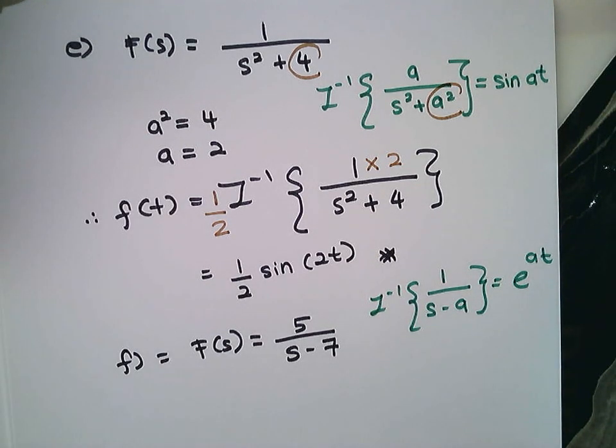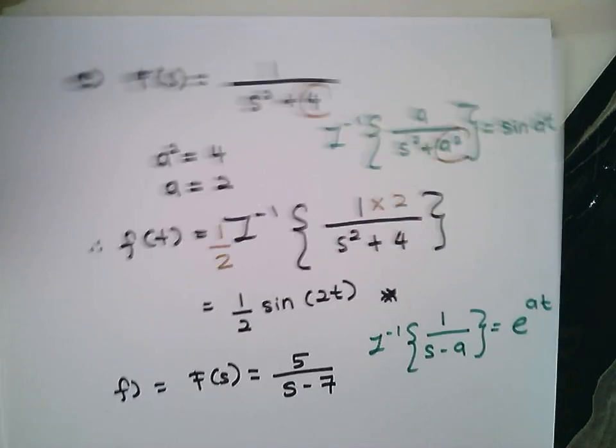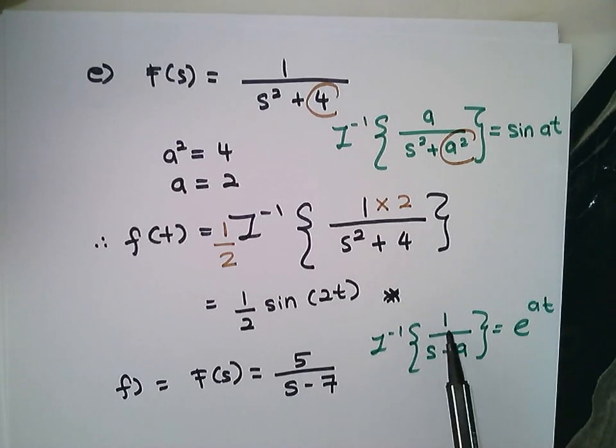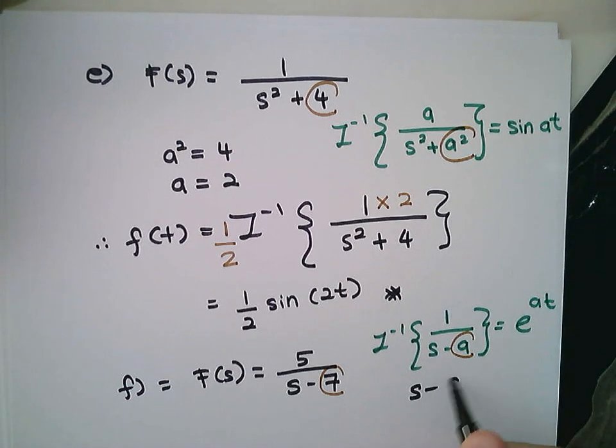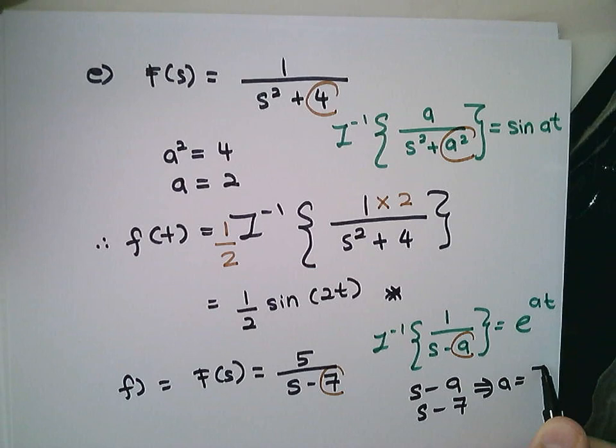So here you need to do something for the numerator part. Why? Because the general form is 1 over s minus a, but what you have is 5. So you need to factorize the constant here and compare to get the value of a. You know that a is equal to 7 because you have s minus a, and what you have is s minus 7.